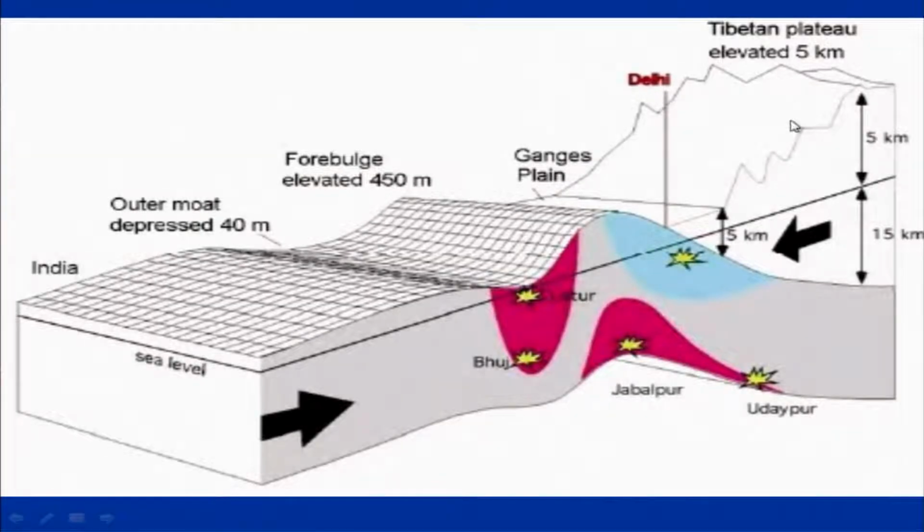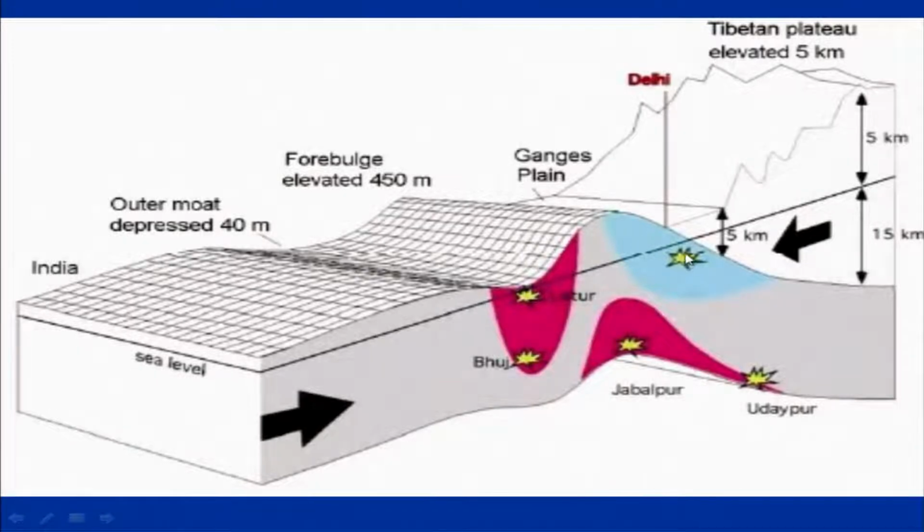So, the whole plate is under deformation. This is at the place of the contact between the Indian plate and the Eurasian plate, and the rest of the plate region is also under deformation and slowly flexing up.